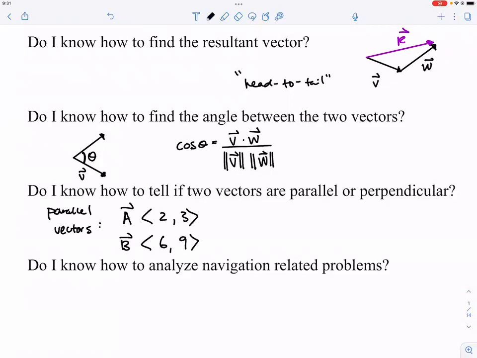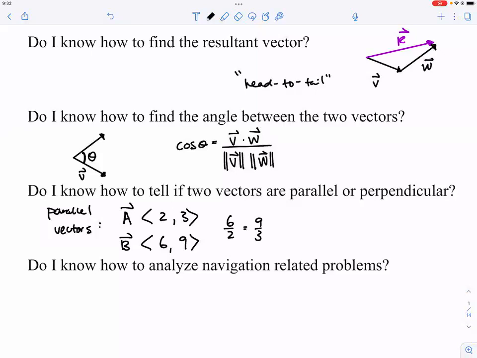So in this case, it's a multiple of 3. Or the other way to look at this is that they are always proportional to each other. You put the x components over each other, and the y components over each other. As long as you're consistent, they should be equal.